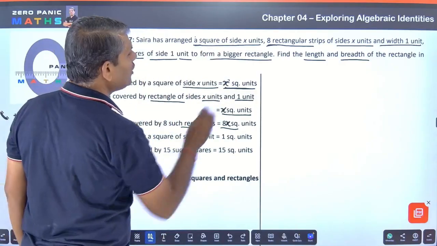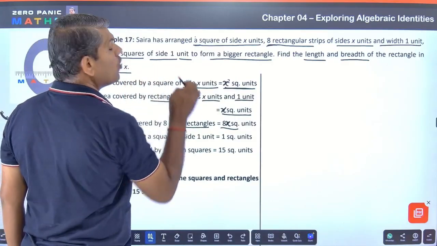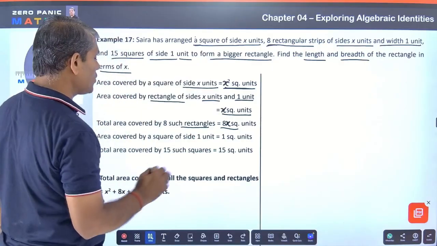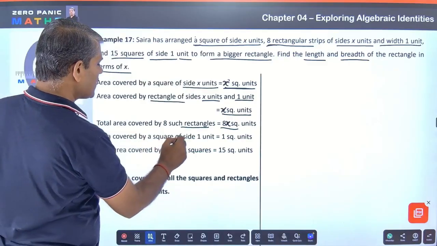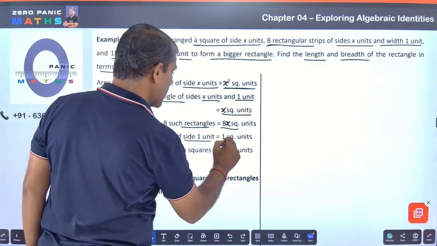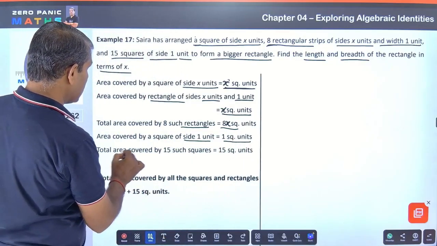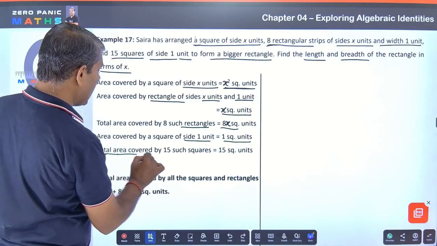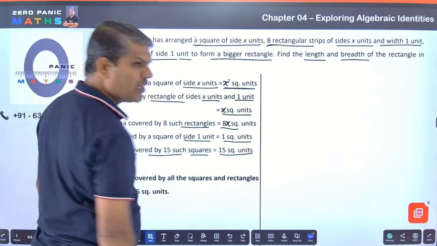Now coming to the last part, there are 15 squares of side 1 unit. A square is again 1 into 1, so the area covered by a square of side 1 unit is 1 square unit only, but there are 15 such squares. So the total area covered by 15 such squares is 15 square units.